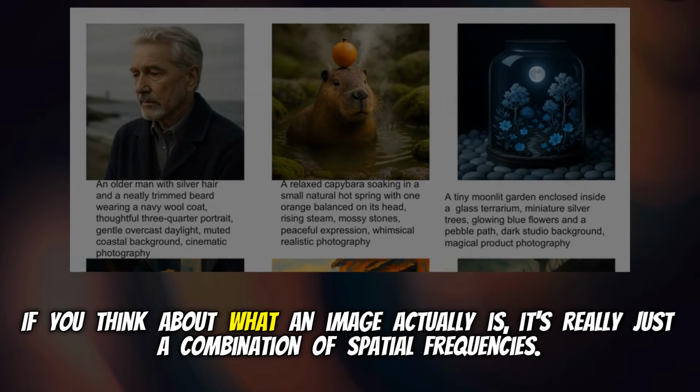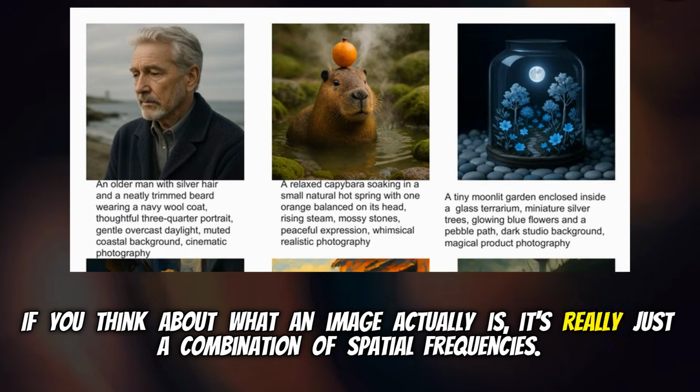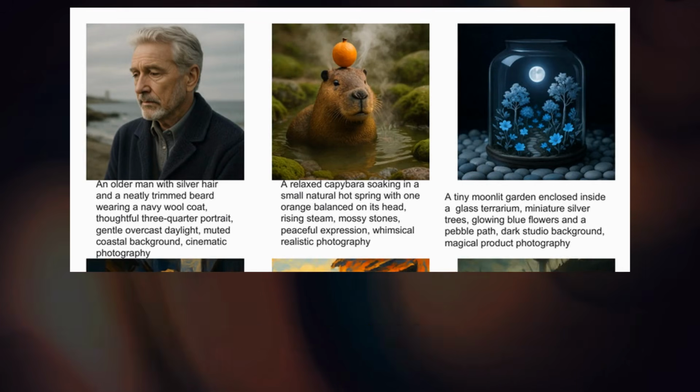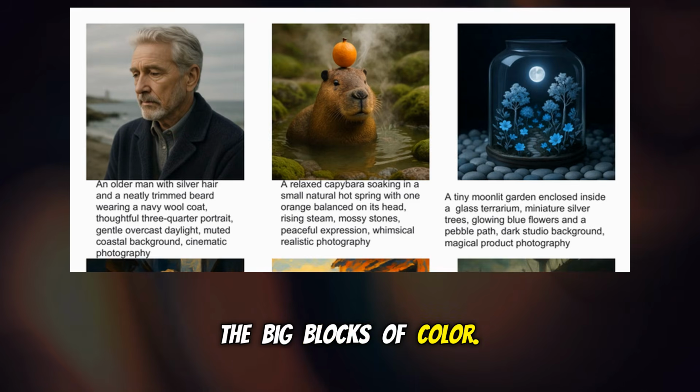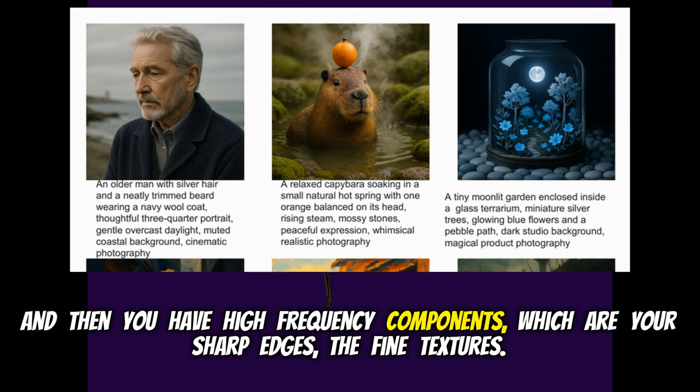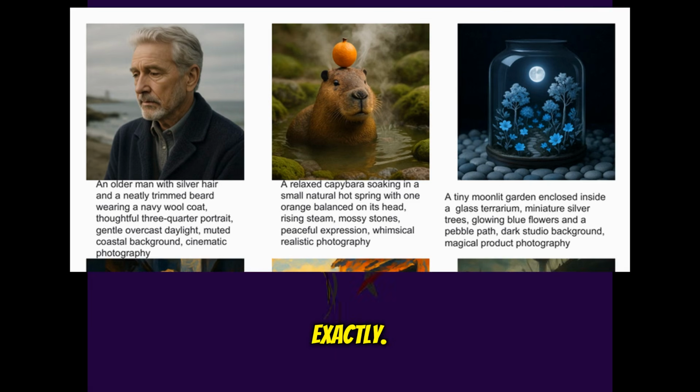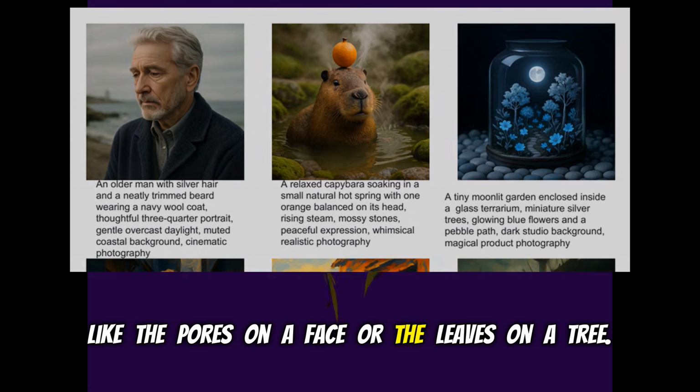If you think about what an image actually is, it's really just a combination of spatial frequencies. Right, low and high. You have the low-frequency components, which give you the broad global structure, like the overall layout of shapes, the big blocks of color. And then you have high-frequency components, which are your sharp edges, the fine textures. Granular detail. Exactly, like the pores on a face or the leaves on a tree.